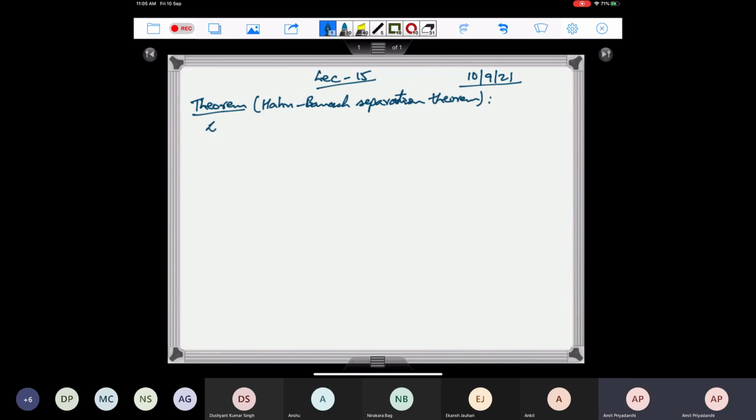So here we are given A and B. These are two non-empty and disjoint convex sets in a real normed linear space.